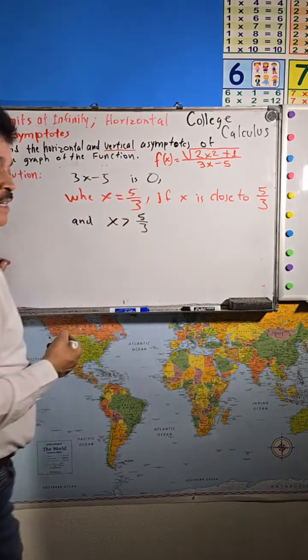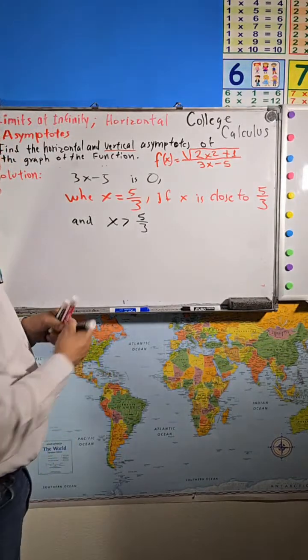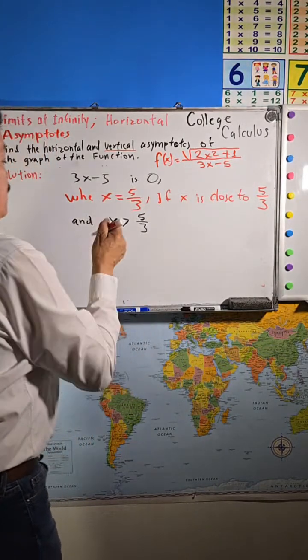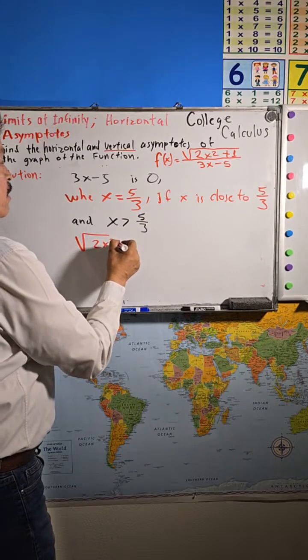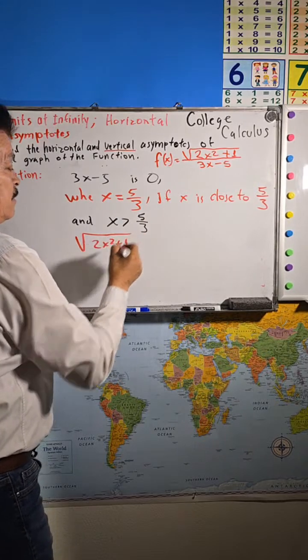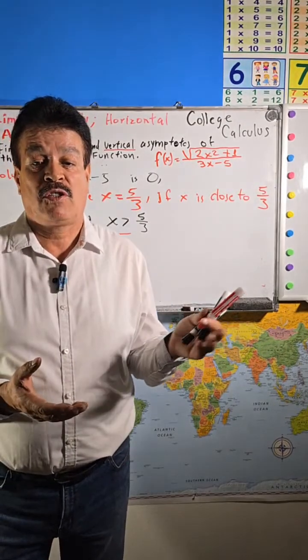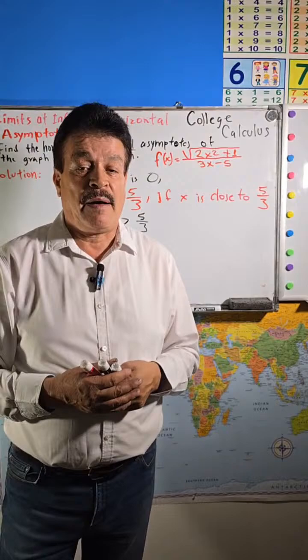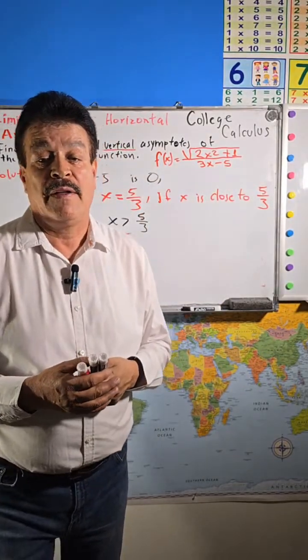Now the numerator, 2x to the second power plus 1, is always positive. So f(x) is positive.